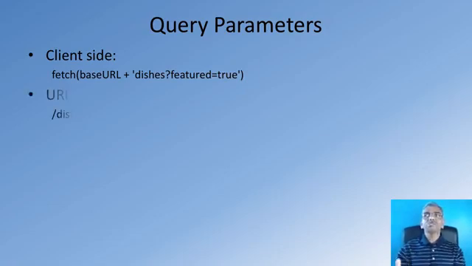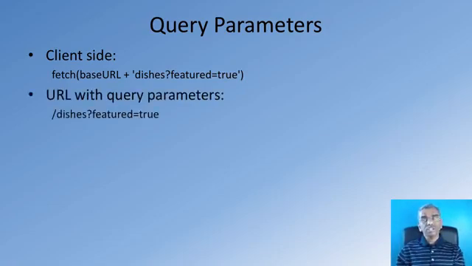So as we saw, the URL that is used for sending the request to the server is /dishes?featured=true. So that is how we will supply the query parameters to our server side.